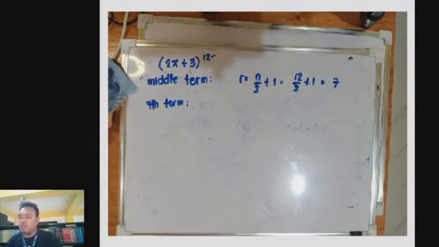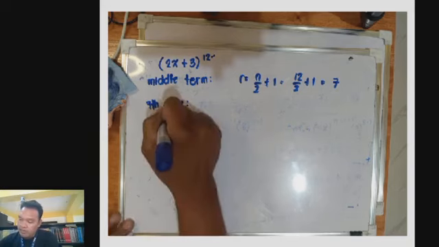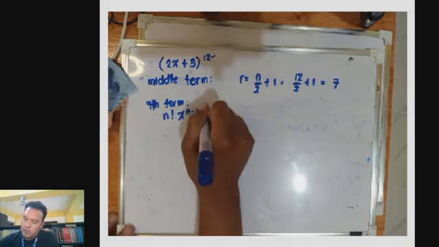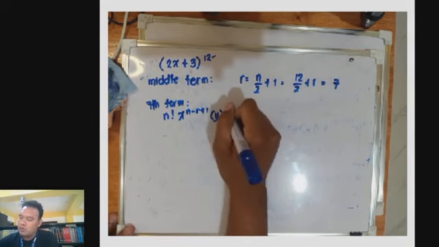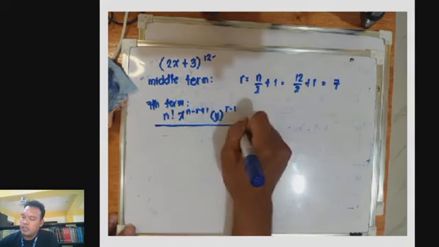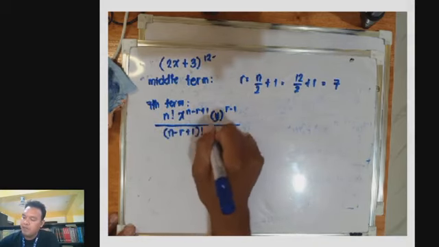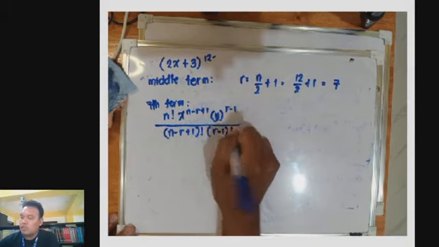So ngayon, same formula pa rin tayo. N factorial multiplied by x raised to n minus r plus 1 multiplied by y raised to r minus 1 all over n minus r plus 1 quantity factorial times r minus 1 quantity factorial.